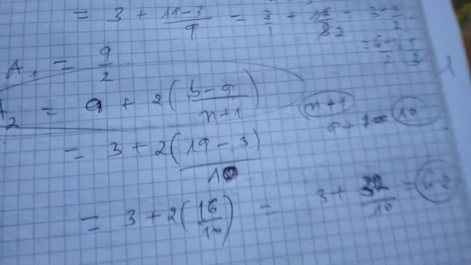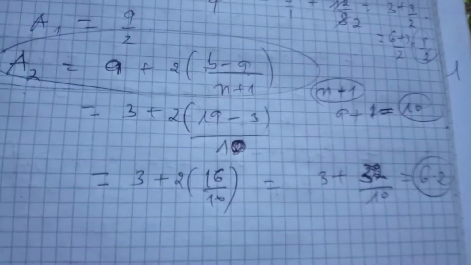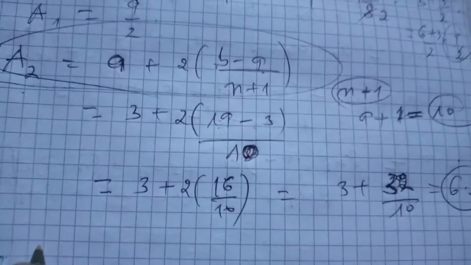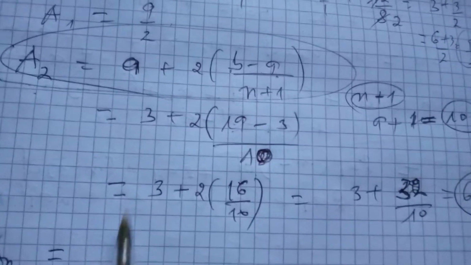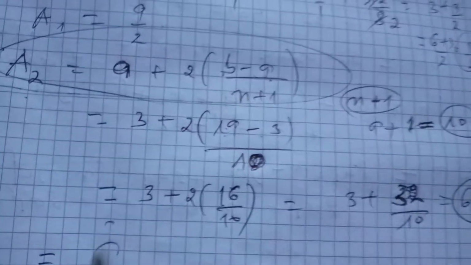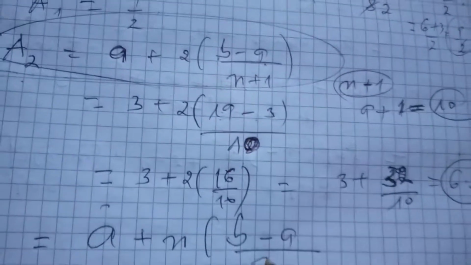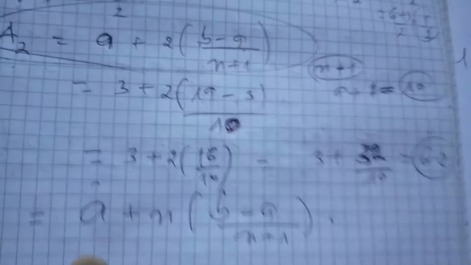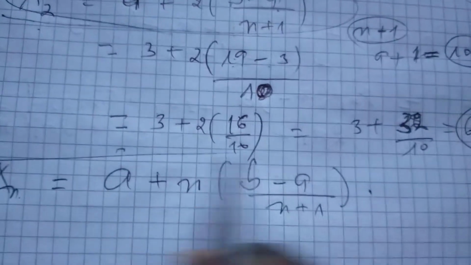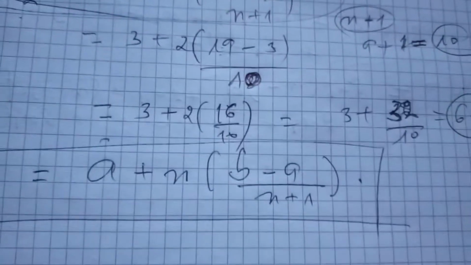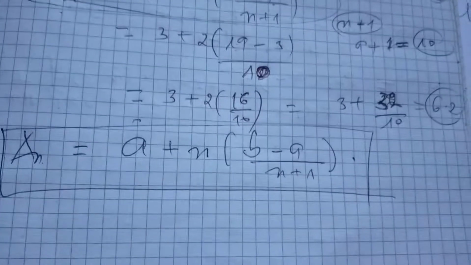This is A2. So for AN, it will be equal to A plus N times (B minus A) over (N plus 1). This is the value of the arithmetic mean for the last term, which is called AN.